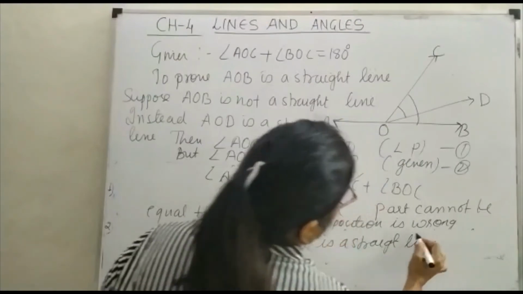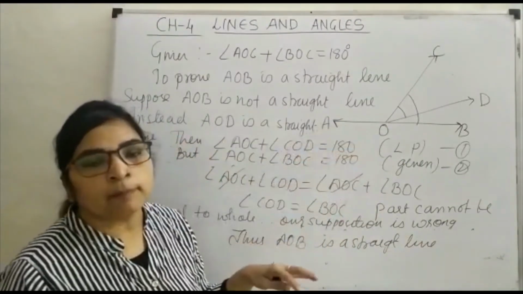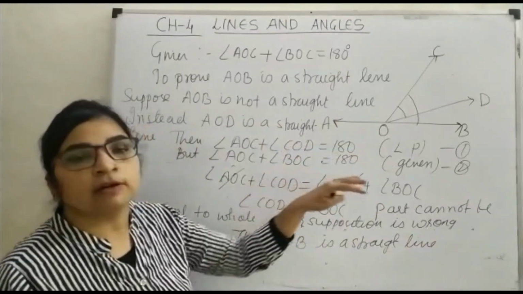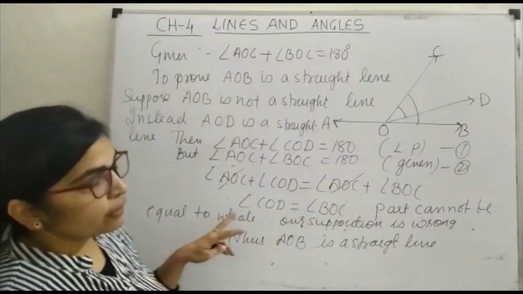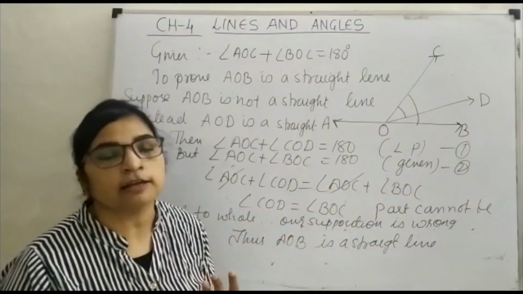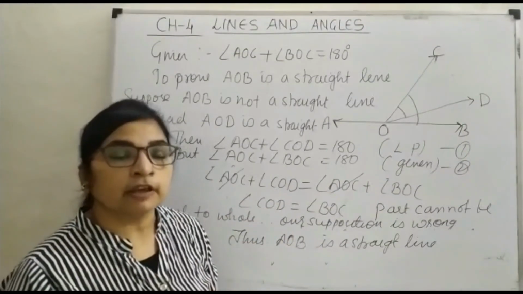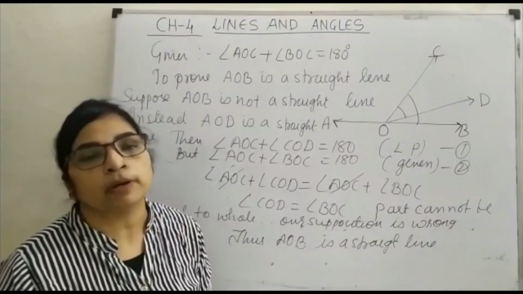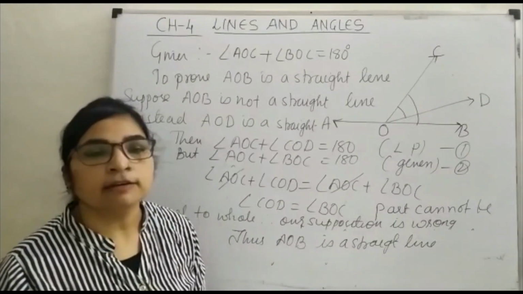You can say straight line or you can say they form opposite rays. Two rays are said to be opposite when they are on the straight line. So we have seen the theorem. Your theorem says if a ray stands on a straight line, then it forms a linear pair, and its converse is if it forms a linear pair, that means the two non-common arms are collinear, and that means they are in a straight line.